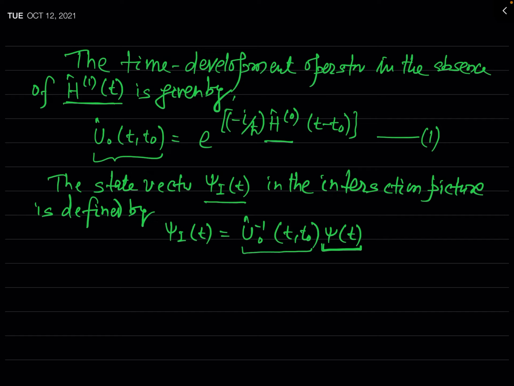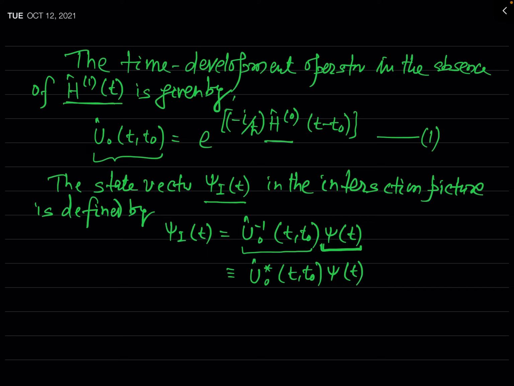And when you operate this operator on the state vector in Schrodinger picture, you will get the state vector in interaction picture. Or equivalently, you may write this as U naught hat star, the Hermitian adjoint of U naught hat, of t, t naught, psi of t.